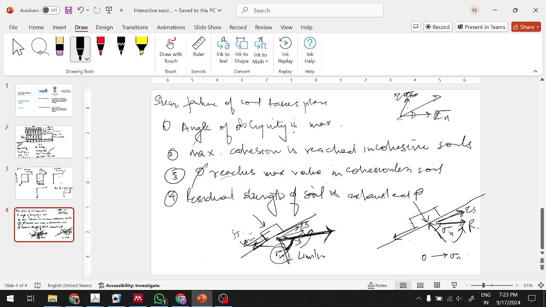And that is the same here in soil also. Unless that limit is crossed, your friction will not be mobilized. You understand? And that limit is the angle of maximum obliquity.